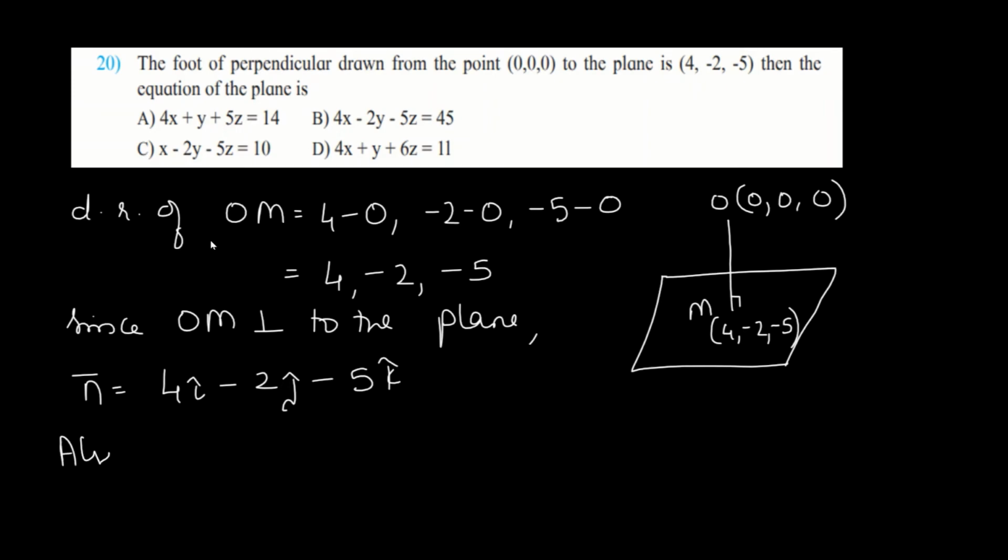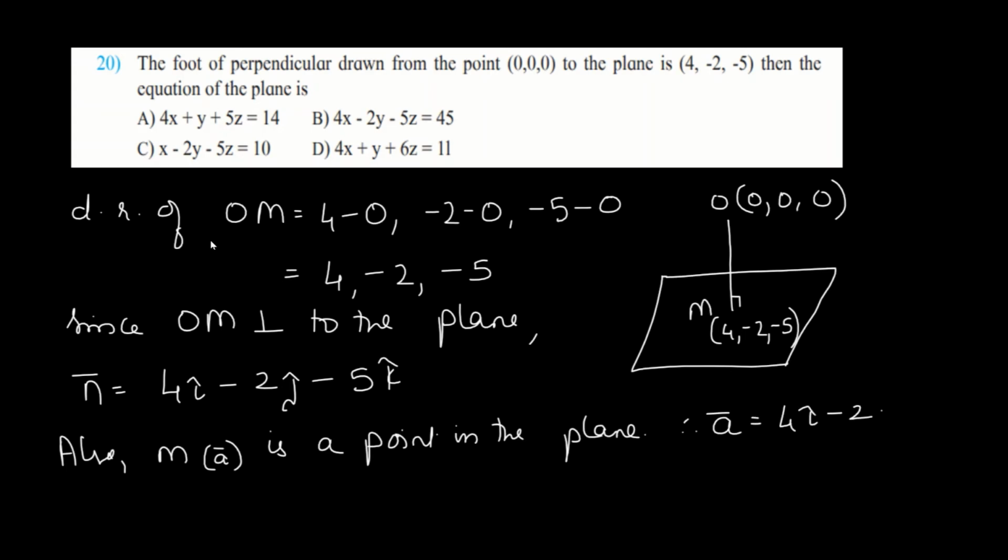So thus we have one value, that is n bar. Also, let us take the position vector of M as a bar, a point in the plane. As you can see from the figure, M is a point in the plane. And therefore, since M has the coordinates (4, minus 2, minus 5), we have a bar equal to 4i minus 2j minus 5k.